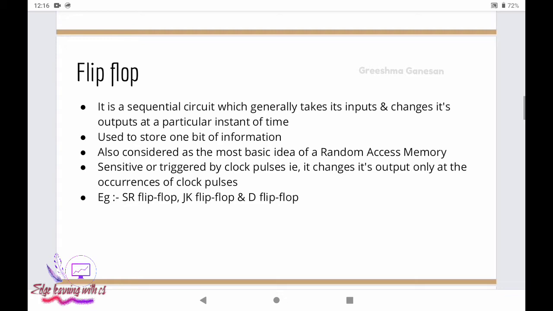It is because it uses memory elements, as it is a sequential circuit. It is used to store one bit of information. So in the case of a flip-flop, we are storing one bit of information.